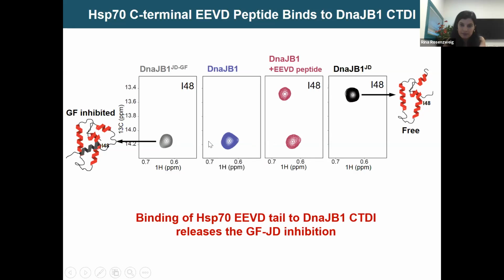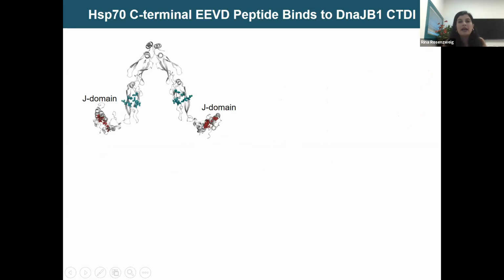So when the C-terminal tail, the EVD tail, binds to CTD1, it somehow releases the GF inhibition of the J domain. But the binding of the tail occurs here, and the GF inhibition is here. So we have two options. Either we have a really, really long allosteric network going across 100 or more amino acids from the CTD1 all the way to the J domain, releasing the inhibition.